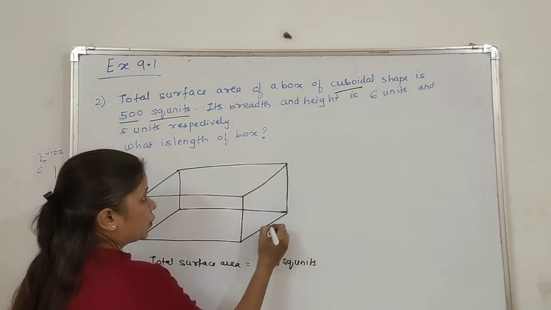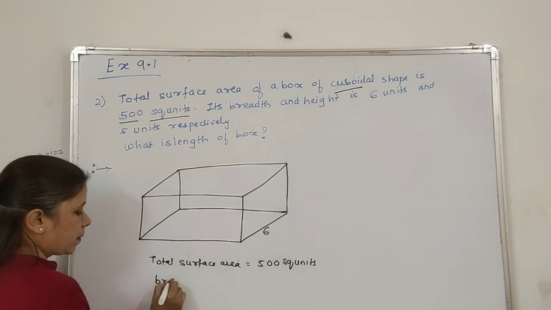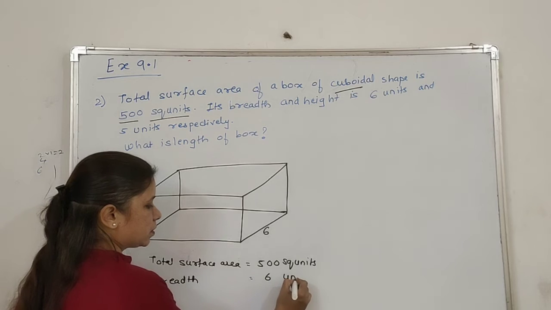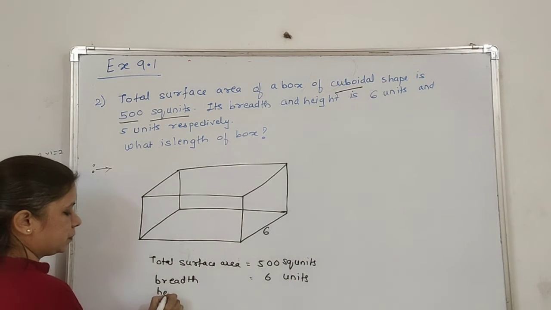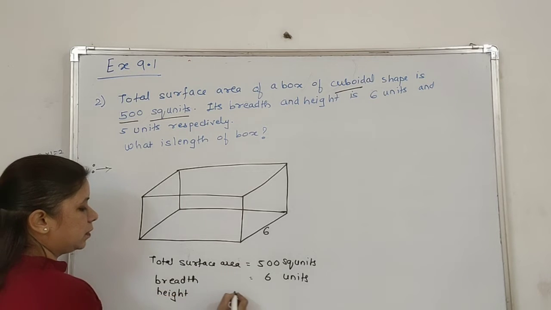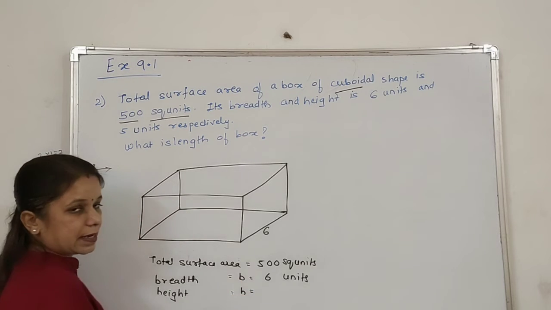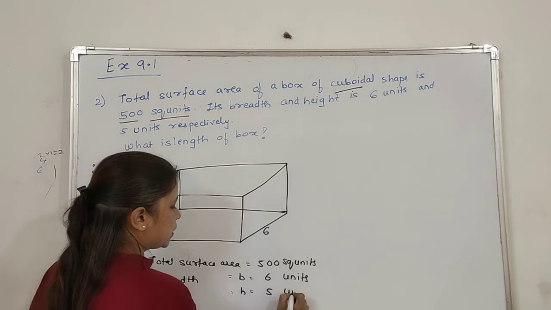This is breadth of the cuboid, we will write it here 6. So breadth equal to 6 units. Height of the cuboid is given to you. For breadth we will use the letter B. For height we will use the letter H. Height is given to you as 5 units.